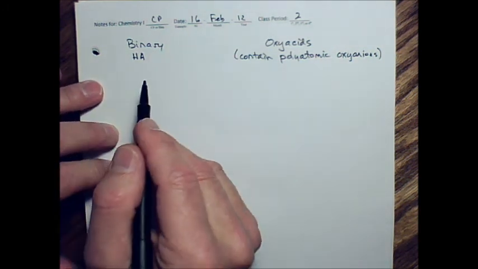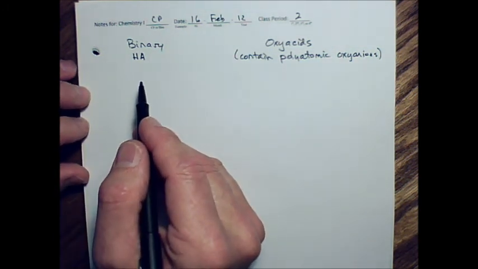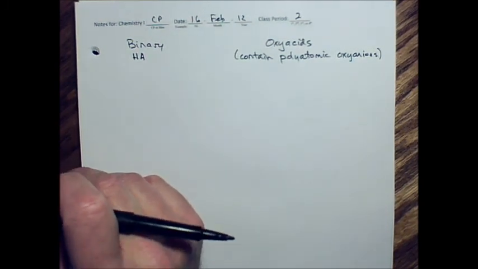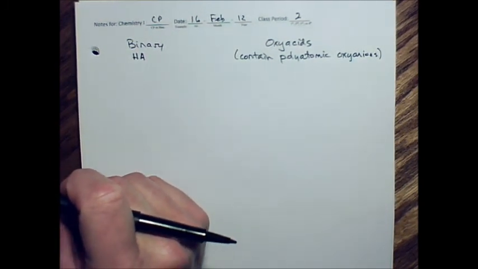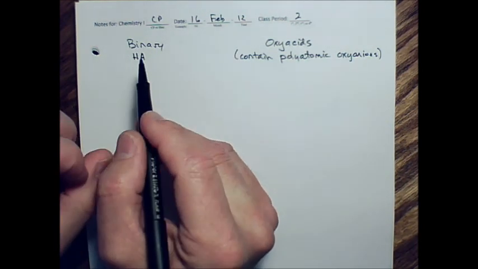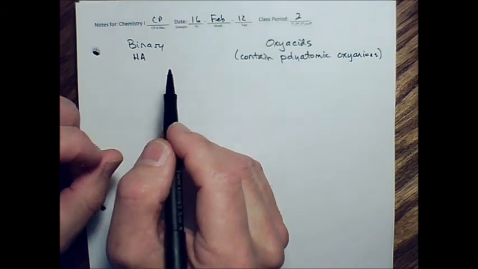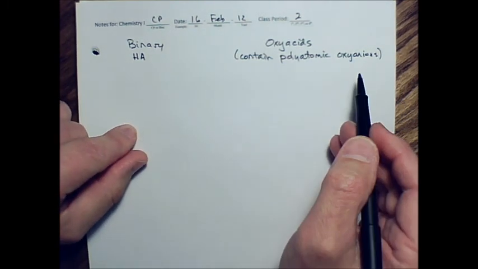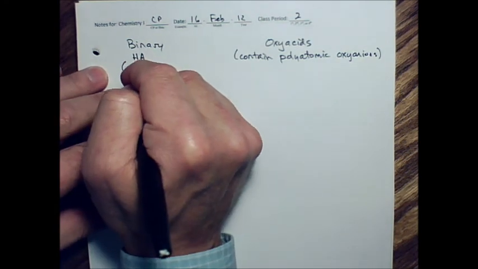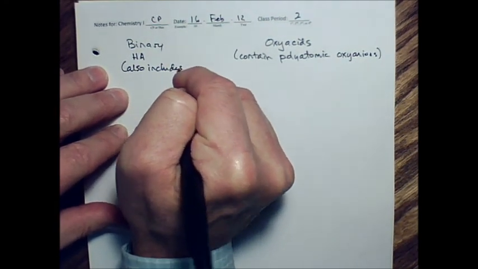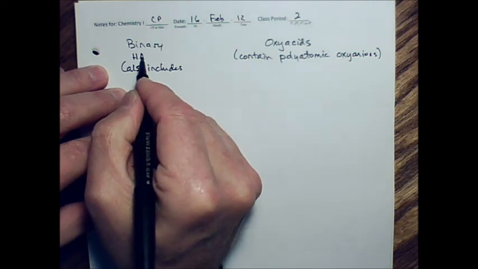Now binary has one sort of exception to it. There's a couple of compounds, actually only one that really applies to acids, where we name an acid with a polyatomic ion the same as binary because it has no oxygen in it. So binary also includes just the hydrogen on front of an anion.